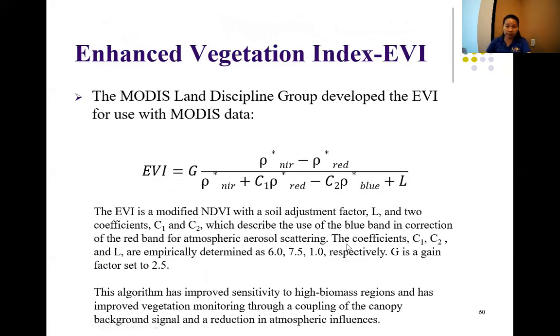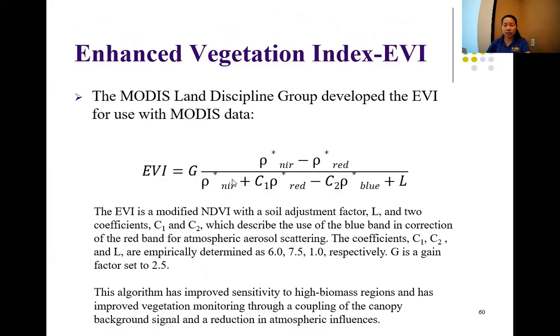And the other one is called Enhanced Vegetation Index, so EVI. This method was developed for MODIS data sets. The MODIS Land Discipline Group developed the EVI for use with the MODIS data set. Basically, they have a G value here, and the upper part uses near infrared and red.